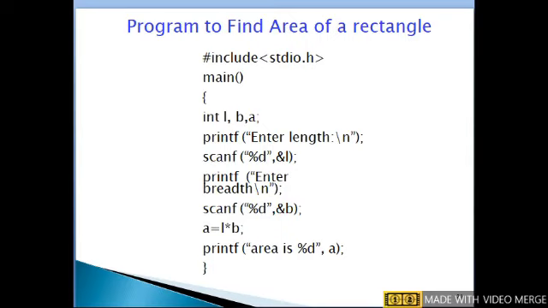To find the area of a rectangle, we require two operands, the length and breadth. These two values are available with the computer. Now it multiplies length and breadth, and that resultant value is stored in A by using the instruction A is equal to L star B.